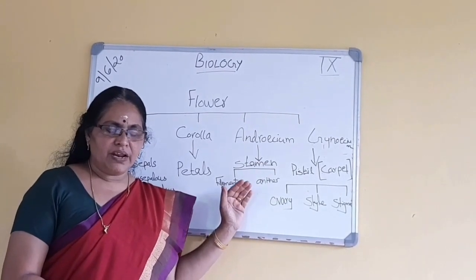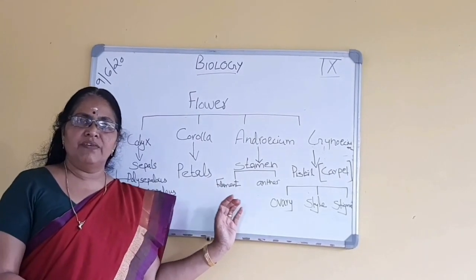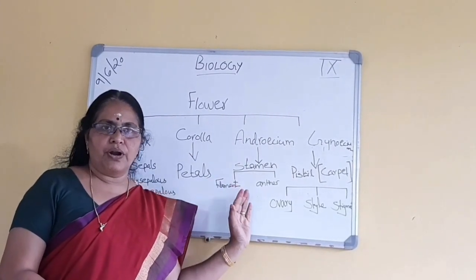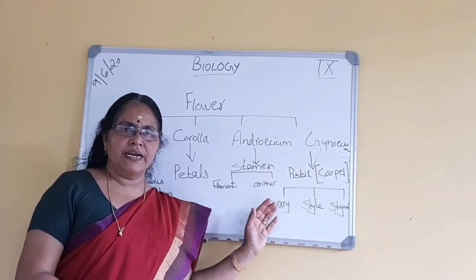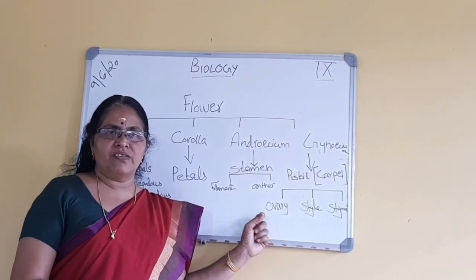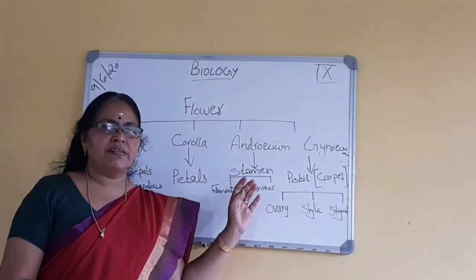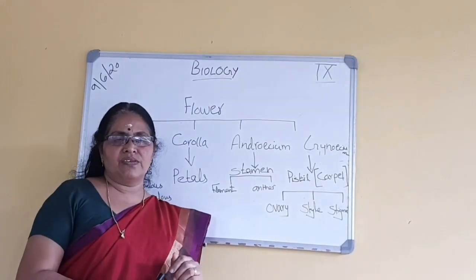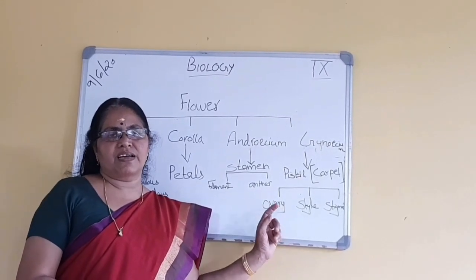If the stamens are united in one bundle, then it is called monadelphous condition. If the stamens are united in two bundles, then such a type of arrangement is called diadelphous condition. If the stamens are arranged in many bundles, then that arrangement is called polyadelphous condition.